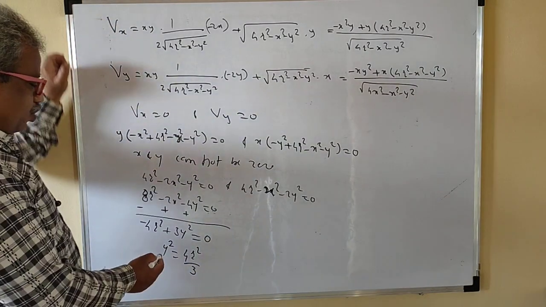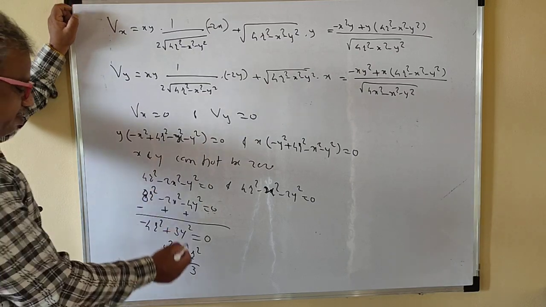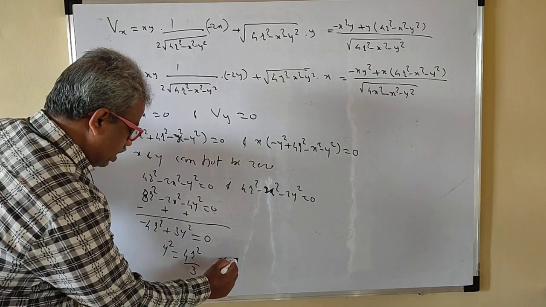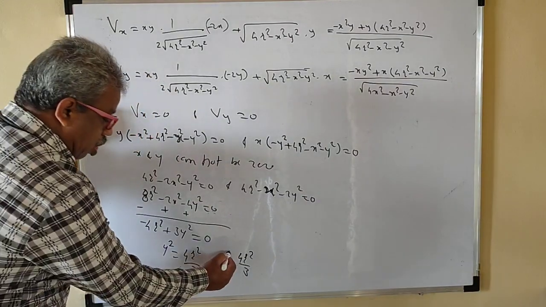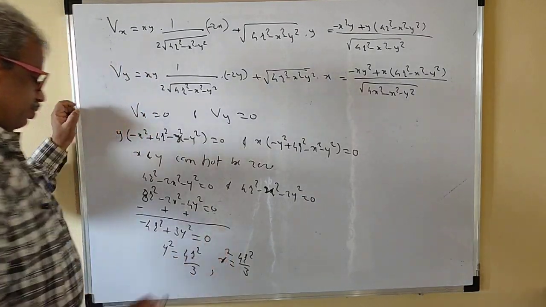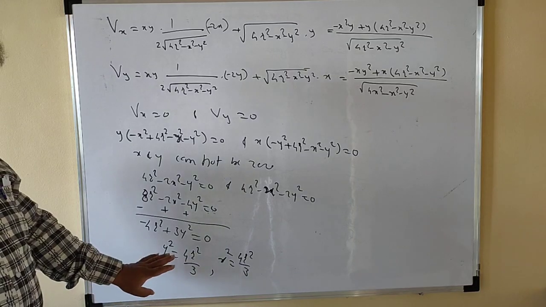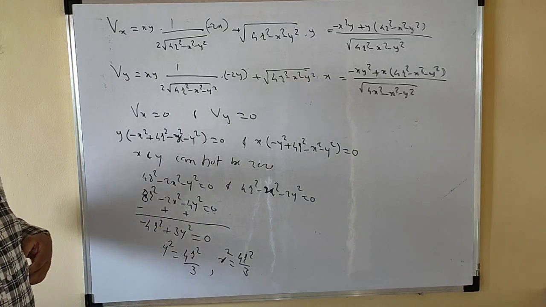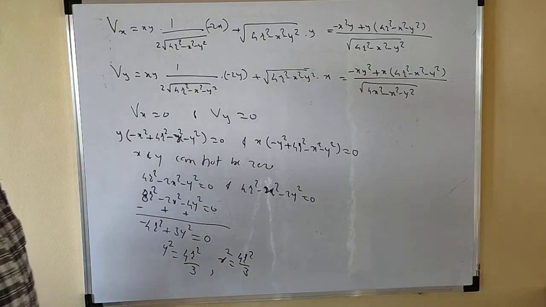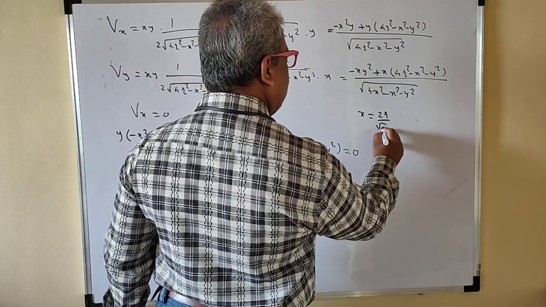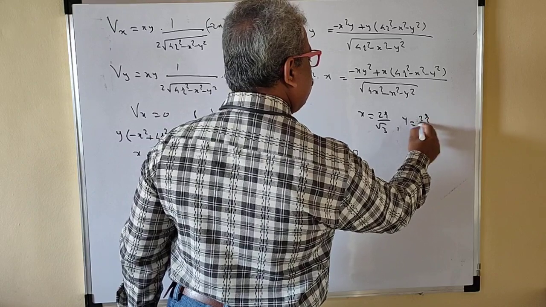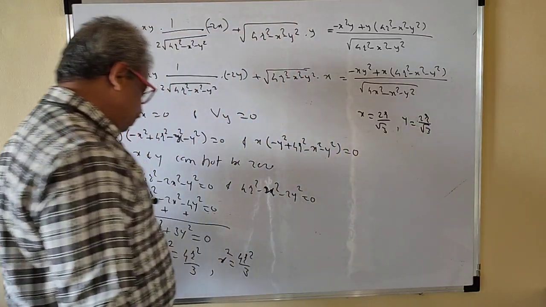Okay, so if you put y square in this equation, you will find the value of x square is also 4r square by 3. Okay, now note that x and y are positive, so we are taking the positive root, right? So therefore x is equal to 2r by root 3, y is equal to 2r by root 3.